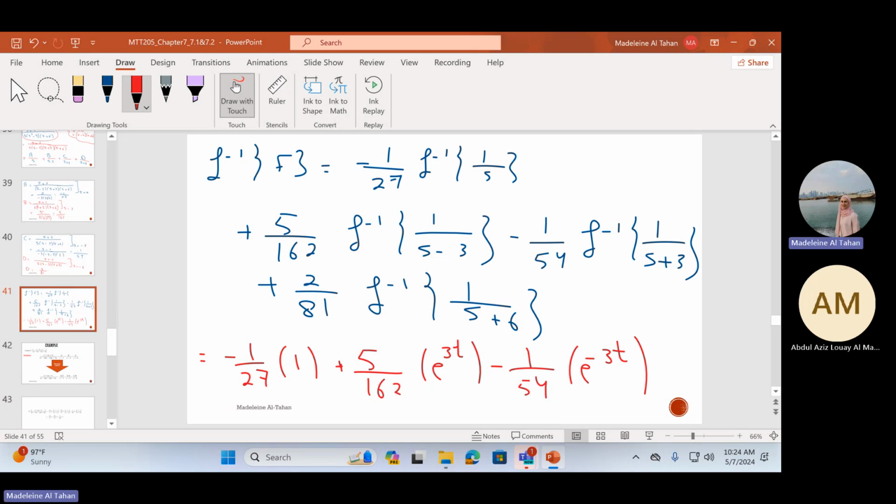And 1 over s plus 6 becomes e to the power negative 6t. Do we have any questions so far? Now, please take around 3 minutes to go back again to the table of Laplace inverse methods that we solved to make sure that everything is okay. If everything is okay, we can continue.